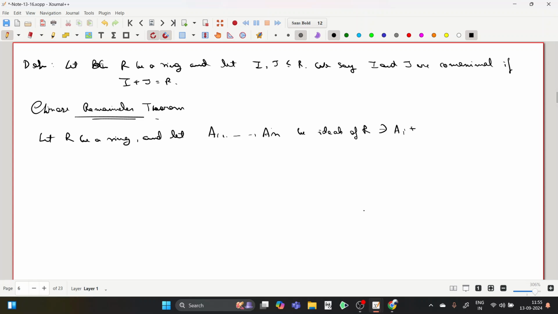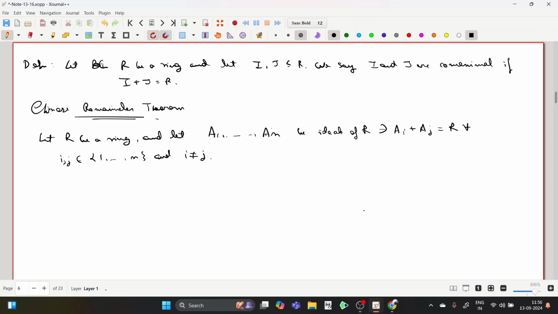Such that Ai plus Aj equals R for all i, j coming from the set 1 to n with i not equal to j. So we are considering a collection of n ideals which are mutually co-maximal.